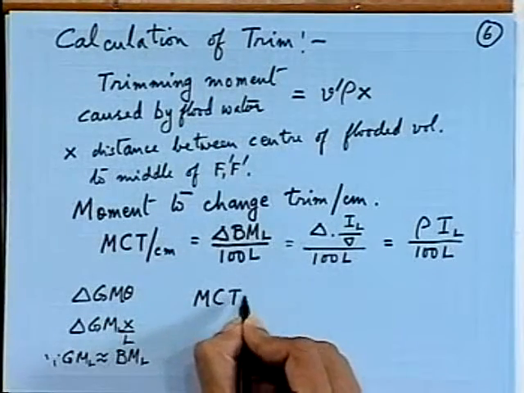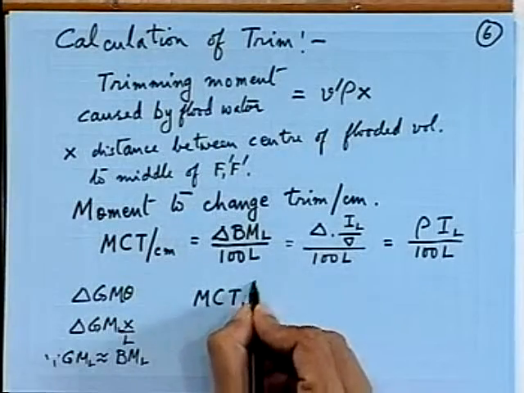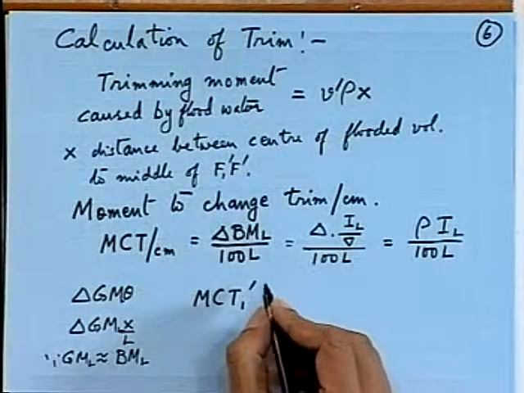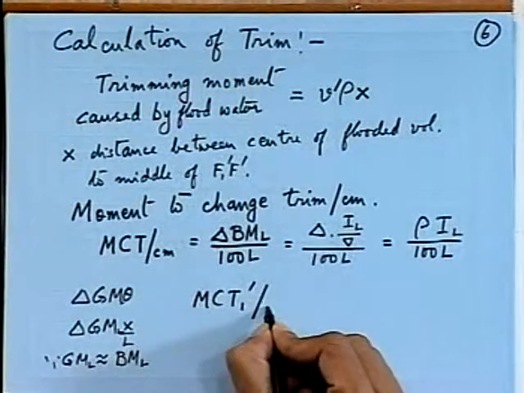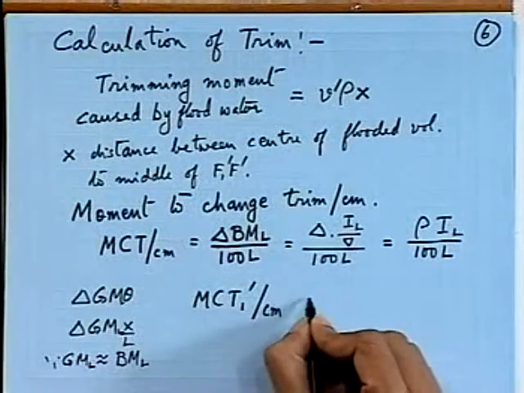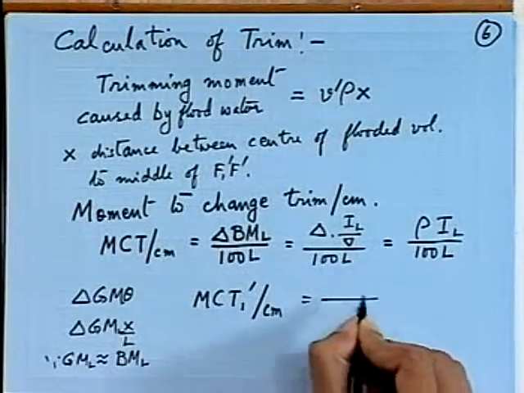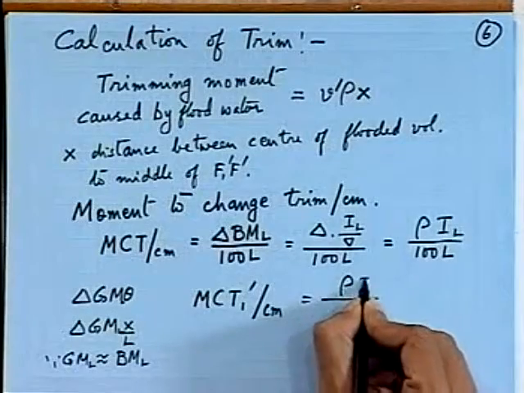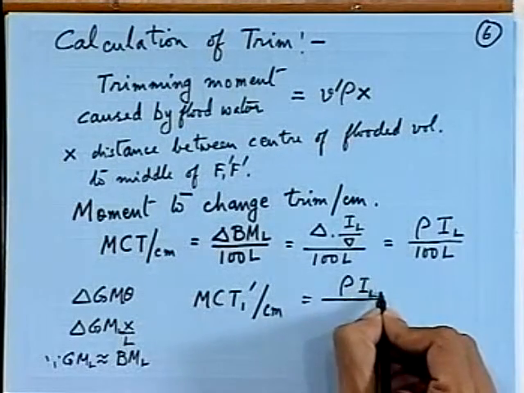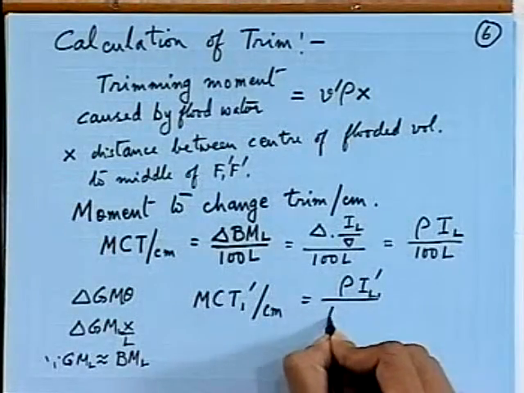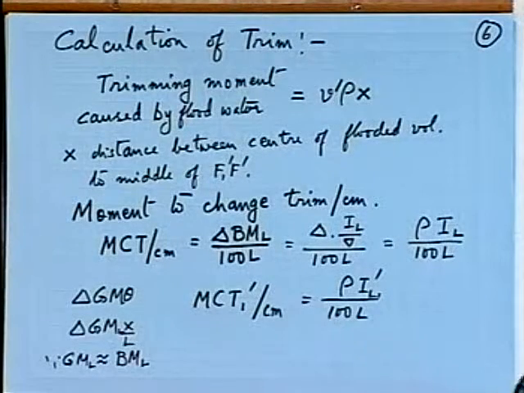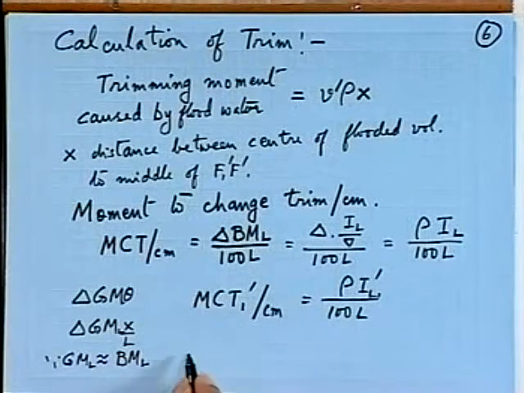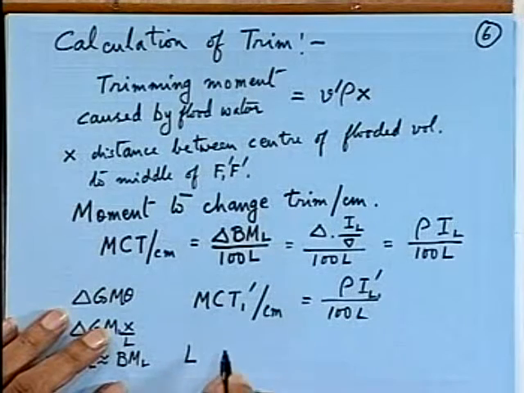This MCT1 prime you write because it is based on the intact portion of the water plane, not the full water plane area. So this will be rho IL1 prime divided by 100L, where L is the length of the ship.